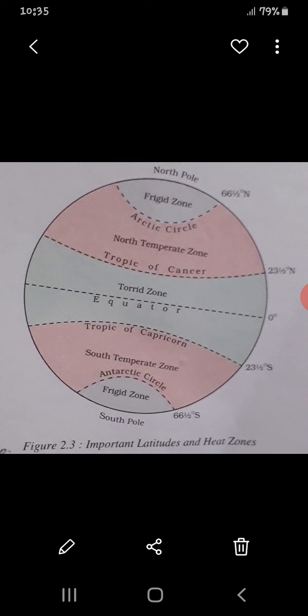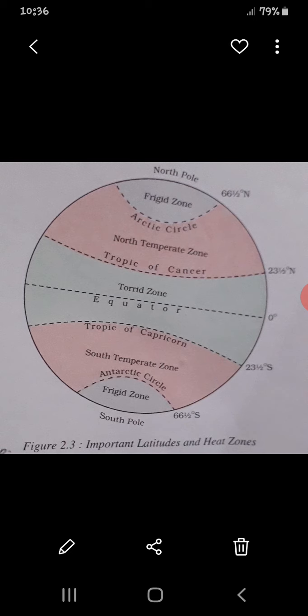In the south we have Tropic of Capricorn, and the degree is mentioned here, 23.5 north and 23.5 south. Then in the northern hemisphere Arctic Circle of 66.5 degree north, and Antarctic Circle 66.5 degree south in the southern hemisphere. These are the important latitudes.